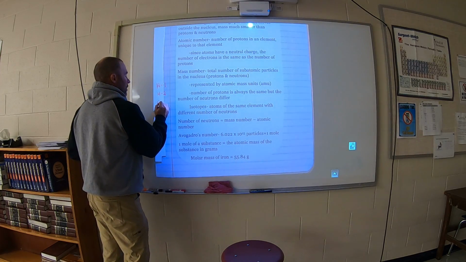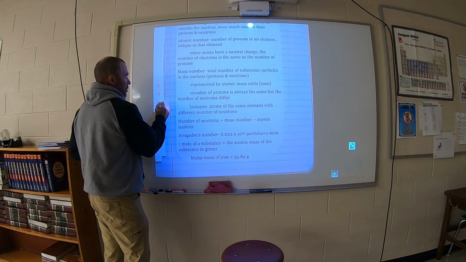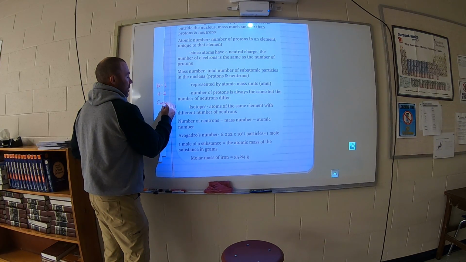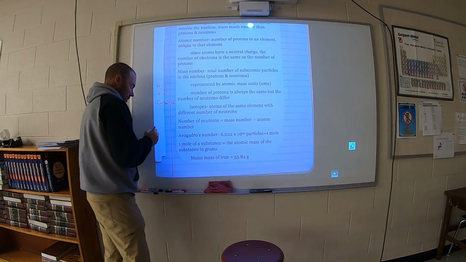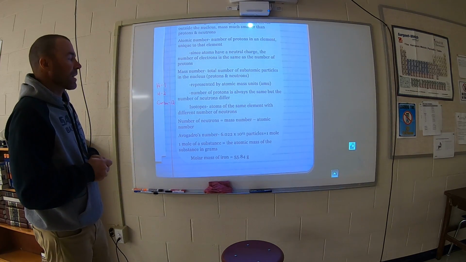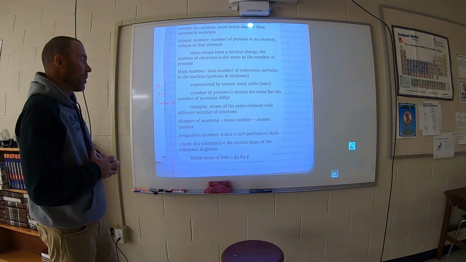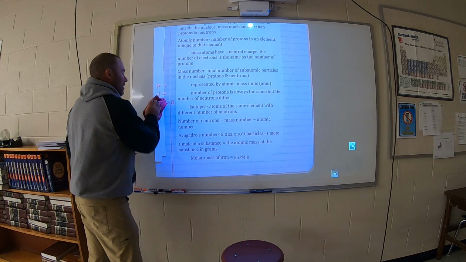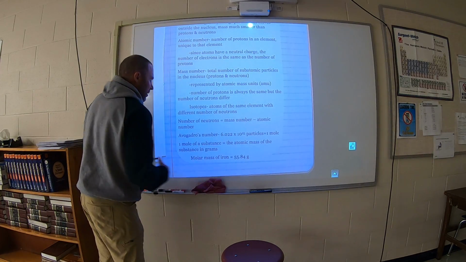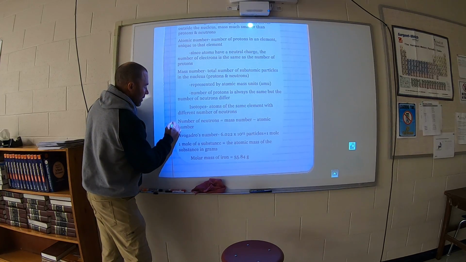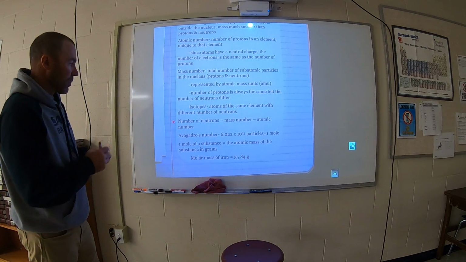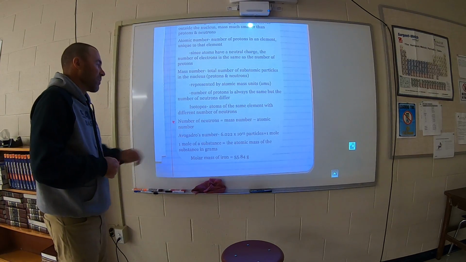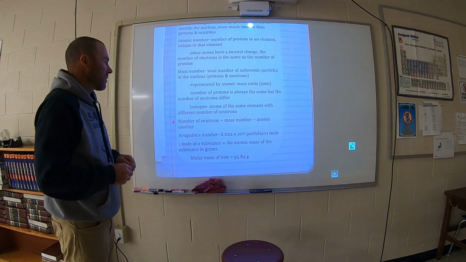Or carbon-12, meaning carbon with an atomic mass of 12. So the number of neutrons is equal to the mass number minus the atomic number. That's important. You'll have to do that a lot in here, so you might want to put a star next to it. The number of neutrons is equal to the mass number minus the atomic number.